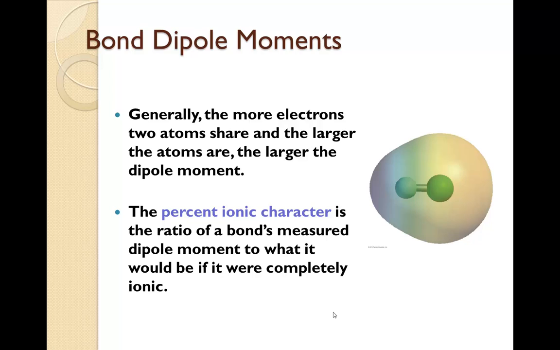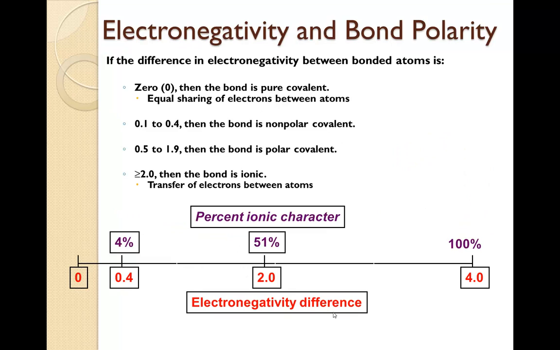The percent ionic character is the ratio of the bond's measured dipole moment to what it would be if it were completely ionic. So if we look here, we're basically comparing the differences in electronegativity. So if the difference is 0, then it's a pure covalent bond.